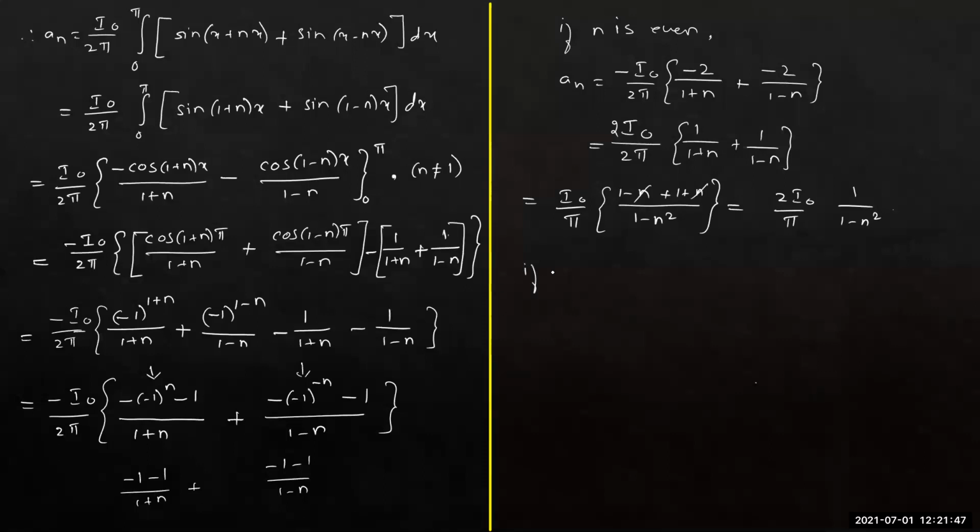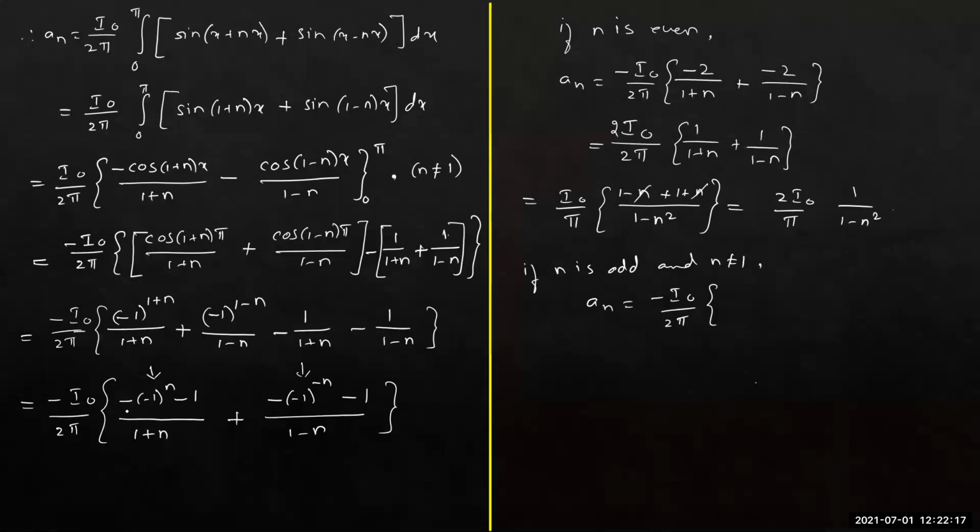Now if n is odd and n is not equal to 1, it is odd but not equal to 1, then what happens? Then an is equal to minus I naught by 2 pi. I'm just substituting n as odd now. What happens to these things? Now when n is odd, this minus 1 to the power of n becomes minus 1.